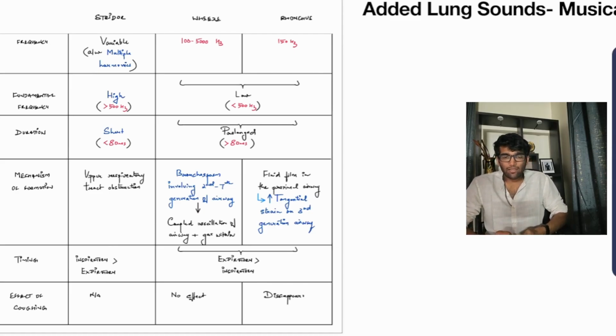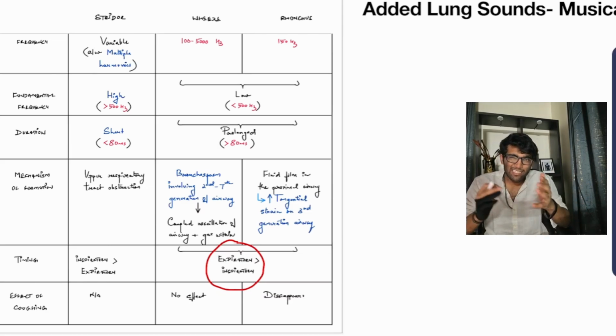Now again, because the tensing up of the airways and the flow through the airways is maximum during end expiration, and if there is no negative pressure outside the airways to prevent their collapse during end expiration, wheezing is best heard during end expiration. So it is more during expiration than inspiration, whereas as we've just discussed, stridor is the reverse, it is more during inspiration than expiration.